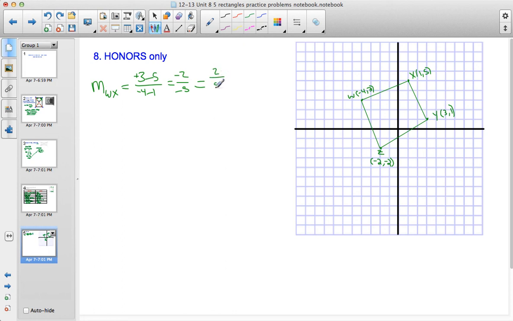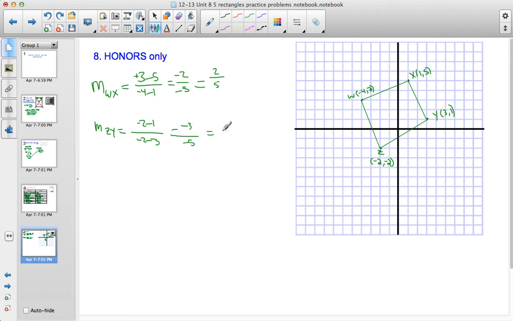Now the slope of the bottom line, the slope of ZY, we're going to take change in Y over change in X, and that's going to give us -3 divided by -5, which gives us +3/5.